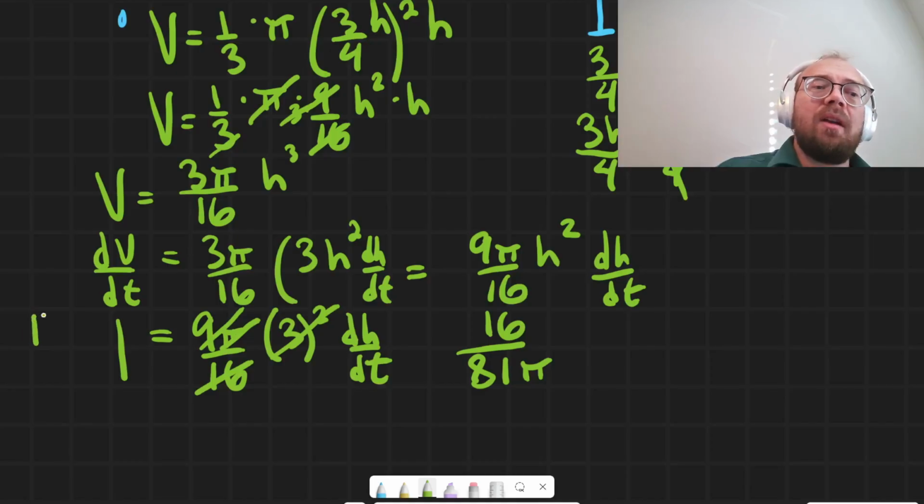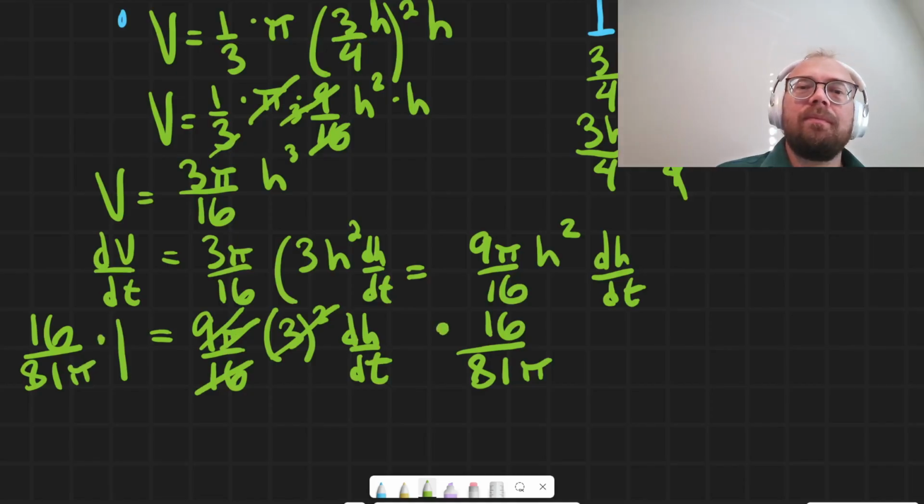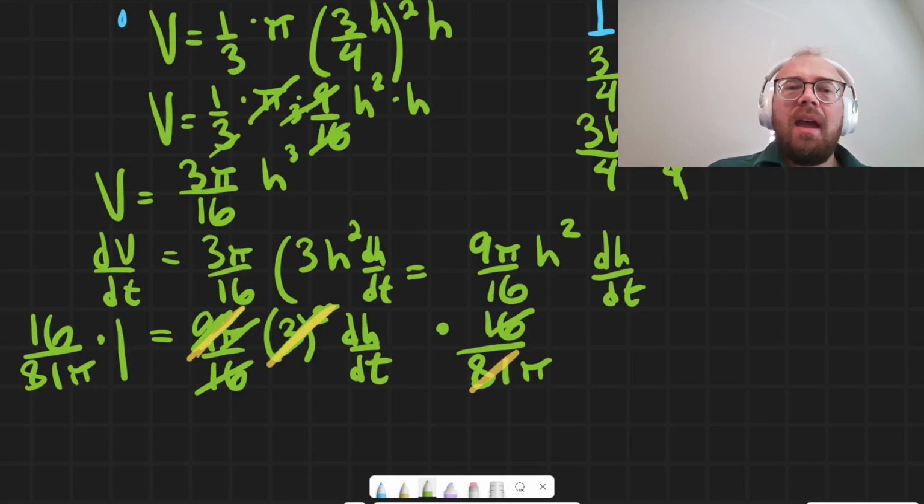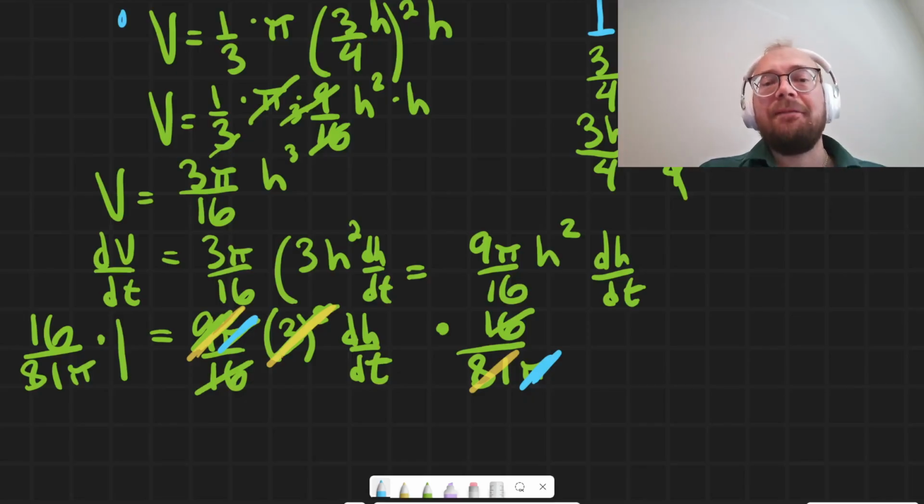And I need to do that on both sides, of course, to keep it even. So the 16s would cancel. 9 times 9 is 81, so those would cancel there. And then the pi's cancel as well right here. So the pi cancels with the pi. And everything cancels except for dh/dt.